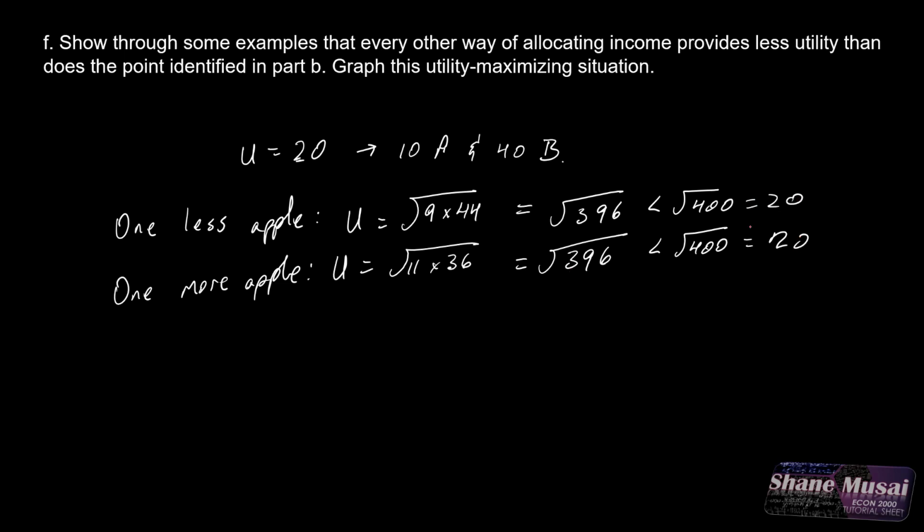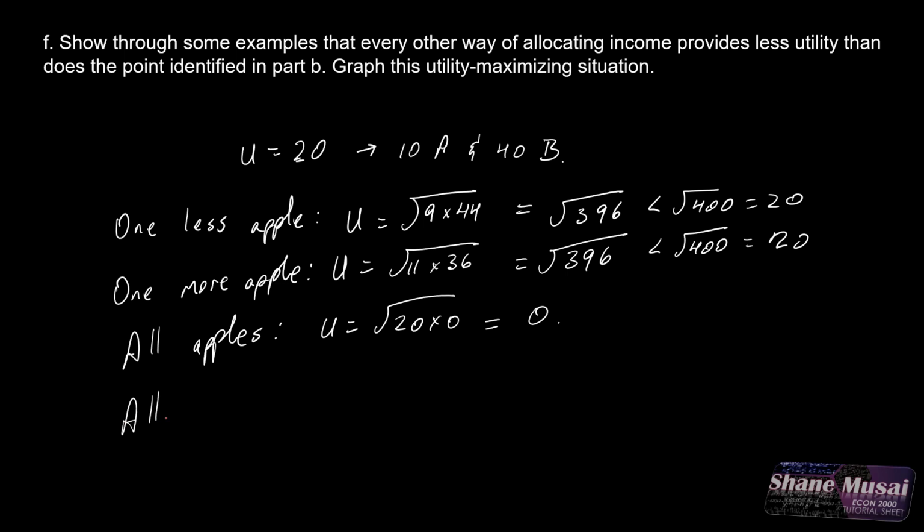Let's look at the two endpoints, the two extremes, where you purchase all apples or all bananas. Let's try all apples. If you spend all your income on apples, and you buy no bananas, you would have a utility of 0.